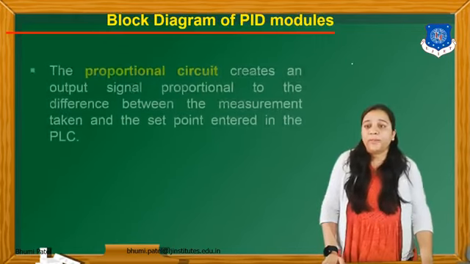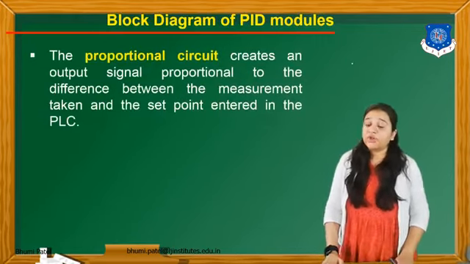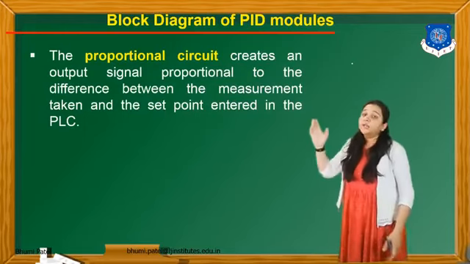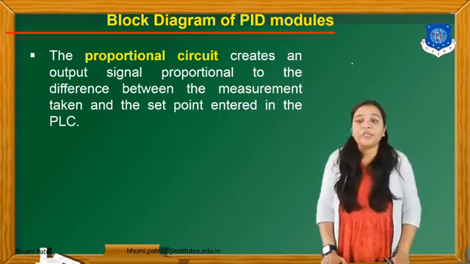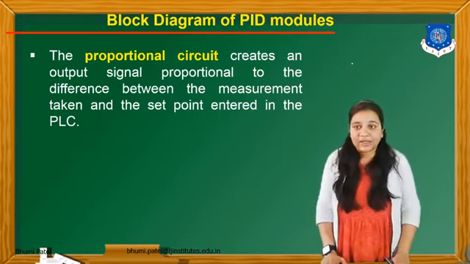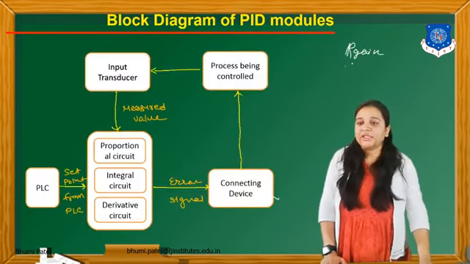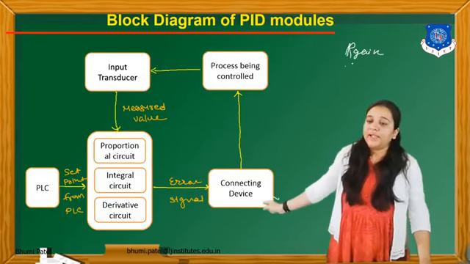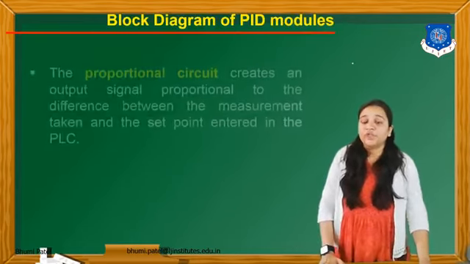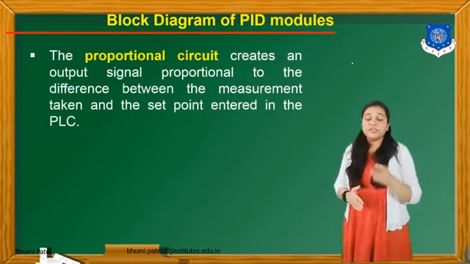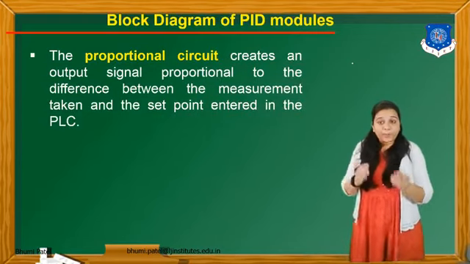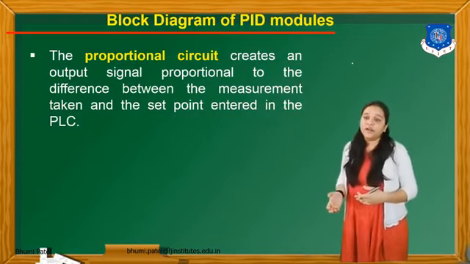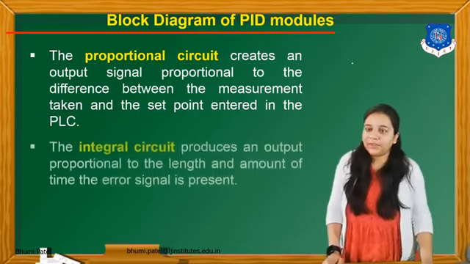Okay, now what actually is the proportional circuit? What is the function of the proportional circuit? The proportional circuit creates an output signal proportional to the difference between the measurement taken and the set point entered in the PLC. As you see in this block diagram, this is my measured value and this is the set point from the PLC.